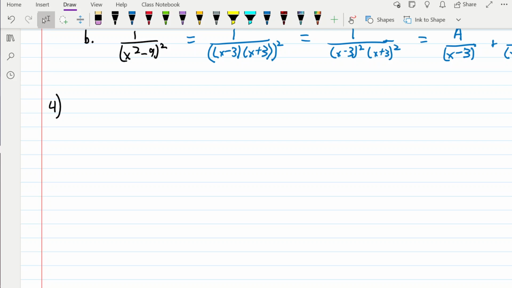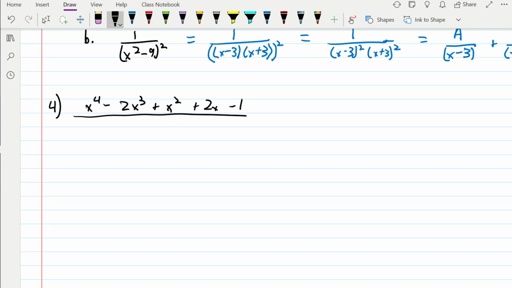Okay. So let's see. Number 4. So for number 4, it's going to be x to the 4th power minus 2x to the 3rd plus x to the 2nd plus 2x minus 1 all over x squared minus 2x plus 1. Okay, so we can probably do some long division here.